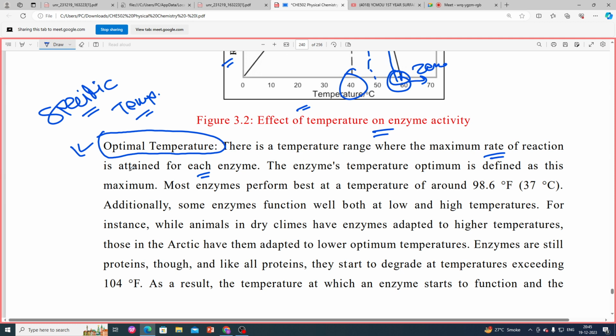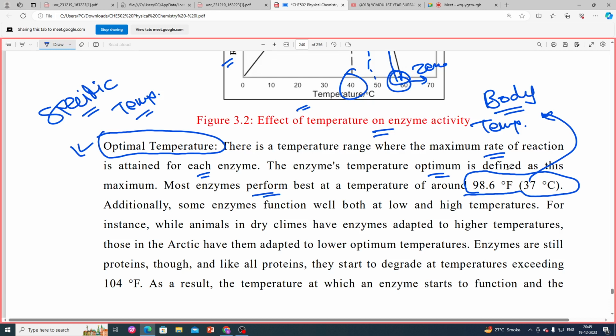So here we can say the enzyme temperature optimum is defined as the temperature of maximum activity. Most enzymes perform best at a temperature around 98.6 degrees Fahrenheit, that means 37 degrees Celsius. We all know our body temperature, what is it? What is the body temperature of ours?